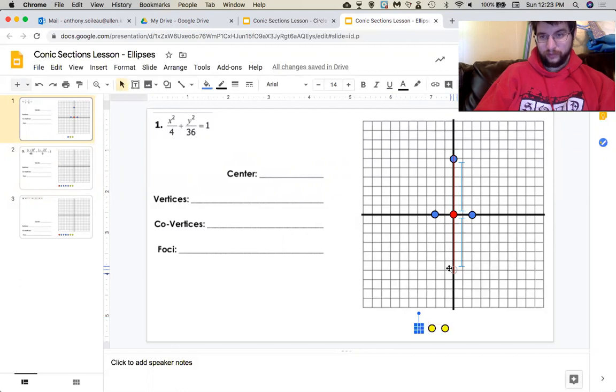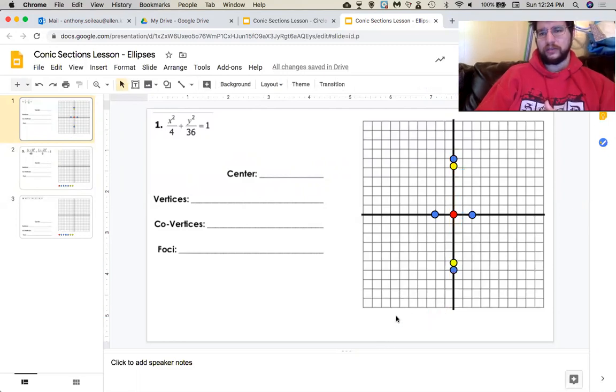Count properly this time. There we go. So that's what my ellipse will be looking like in a minute. Now your foci, that's 5.7 and negative 5.7, so that's going to be right underneath here. I don't need these to be precise at all. In fact, if you don't want to, you don't have to put the foci. I'll be okay with that, because it is a little tricky.